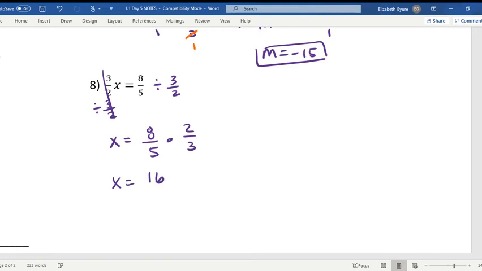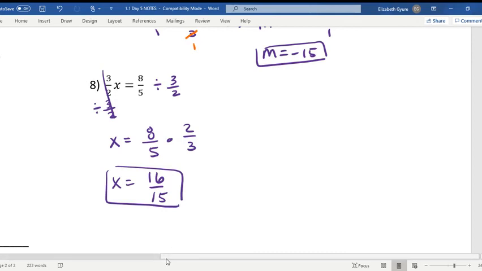Yep, good. 8 times 2 is going to give you 16. 5 times 3 is going to give you 15. Is it okay to leave it like that as an improper fraction? No, this is totally fine. I would leave it like this. You do not have to change it into 1 and 1/15 if you don't want to. You can, but why do that extra step if you don't have to, right?